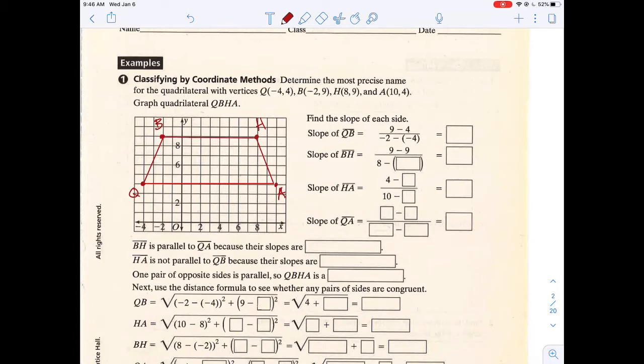Okay, so we can find the slope of each side. If I find the slope of QB, I would get 5/2. The slope of BH would be 9 minus 9 over 8 minus -2, which is 0. The slope of HA would be 4 minus 9 over 10 minus 8, which would be -5/2.